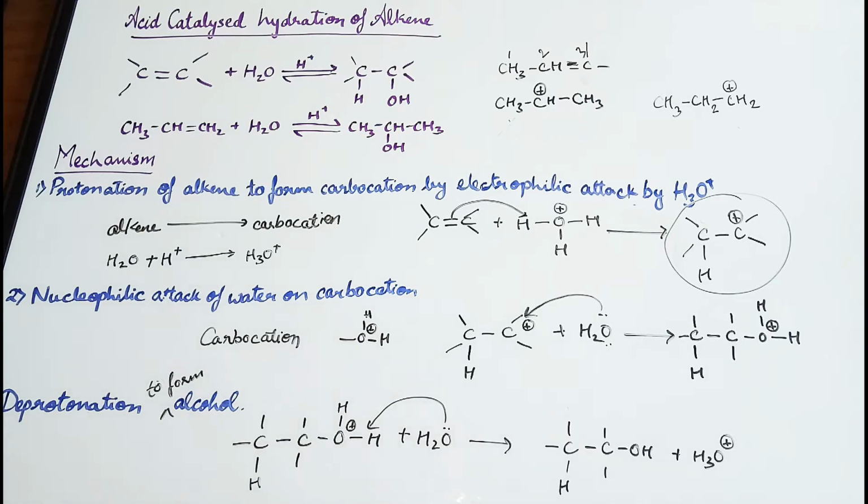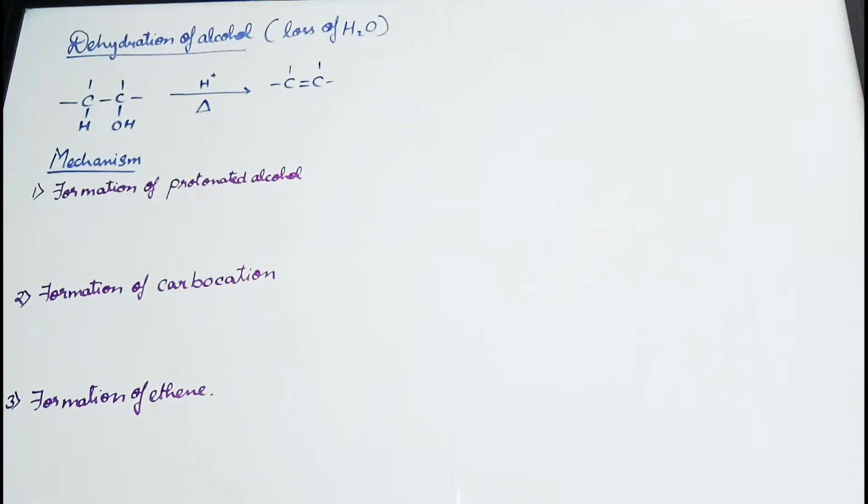With that, we're done with the reaction of alkene with water in the presence of acid, which gives rise to an alcohol. The second reaction that we're learning about is dehydration of alcohol, basically the loss of water, and this leads to the formation of an alkene. So it's just the opposite of the previous reaction, and this reaction is actually one of the chemical properties of alcohol.